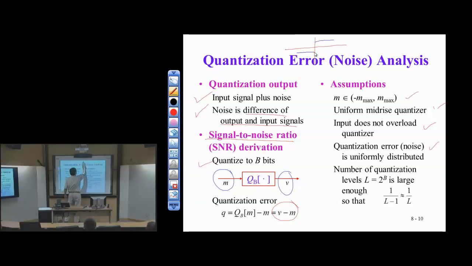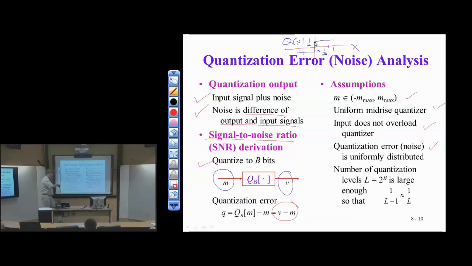And I gave you the example last time. If you just take a 1-bit quantizer, it's mid-rise, and I'm in the linear range. So here's a half, here's minus a half. If I put in, let's say, one volt, the error is, actually here the error is minus 1/2 if I put in 1 volt, right?